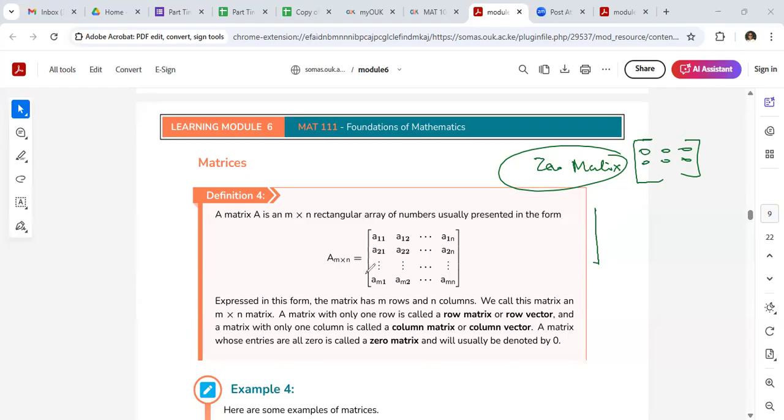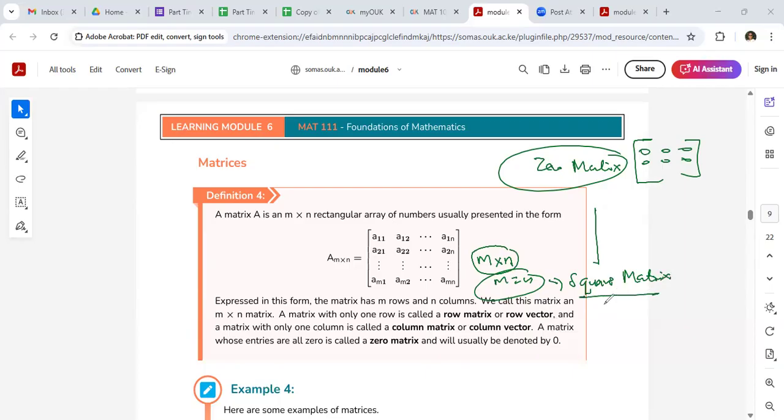And then a matrix consists of rows and columns. So you can have a matrix of this form. In this case, our matrix has n columns and m rows. And we say that the matrix is of order m by n. In cases where m is equal to n, the same number of rows as columns, then the matrix is said to be a square matrix.